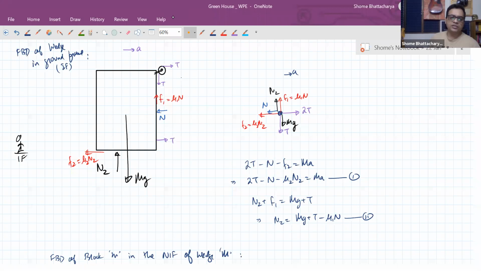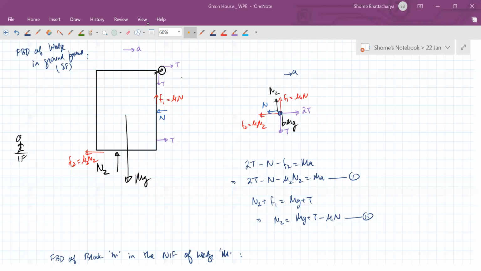And this is a bit of a monster question because there are 5 variables in this. 2 normal reactions, one tension, and 2 accelerations. Okay, A and A relative. And 5 equations are coming. 4 from free body diagram, 2 plus 2, and 1 constraint relation, which is A relative is equal to 2 times A, which we've already got. So in fact, this is equation number 2 because our constraint relation was equation number 1. And this is equation number 3.